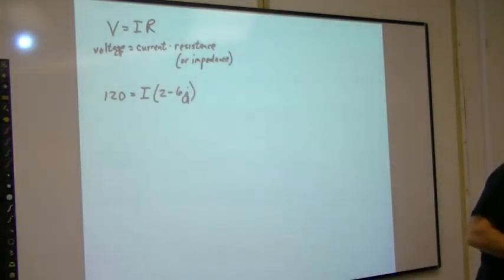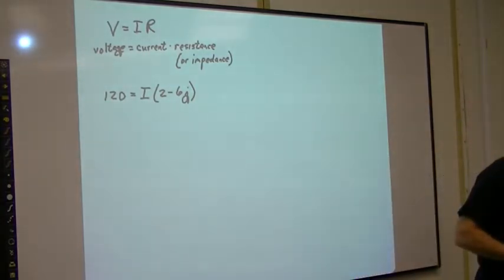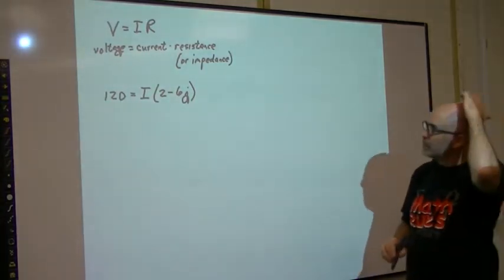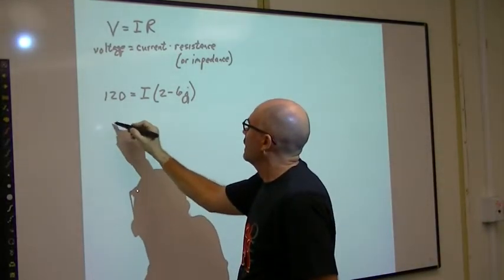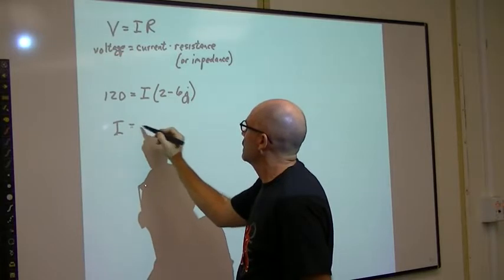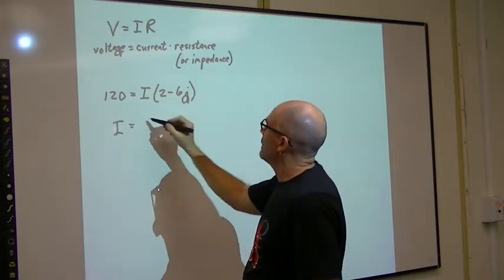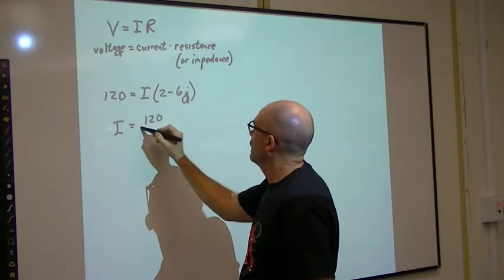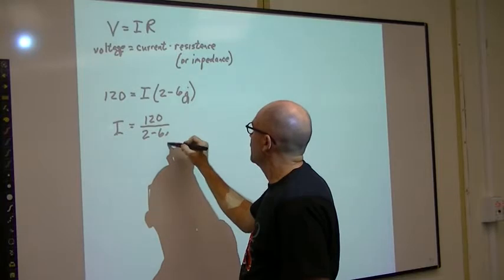Let's make sure we copied this right. What I want is the current, or the amperage, and that's going to be 120 divided by 2 minus 6J.